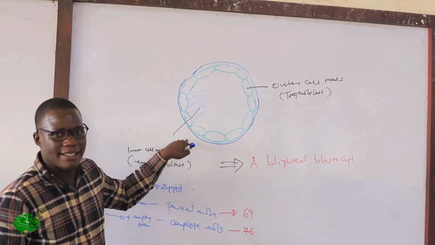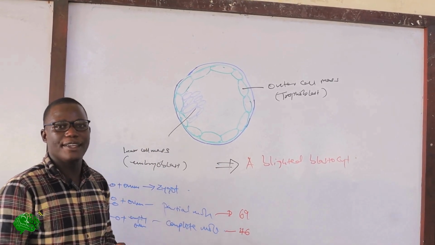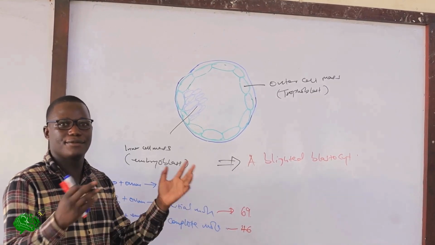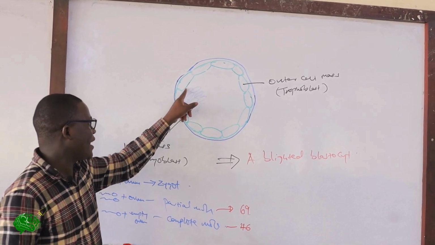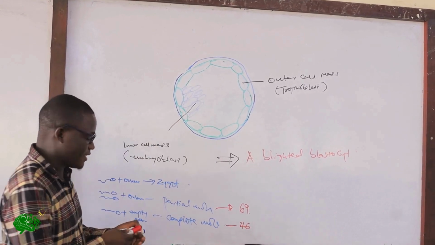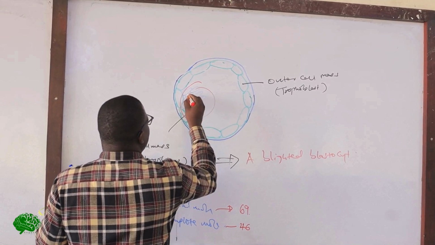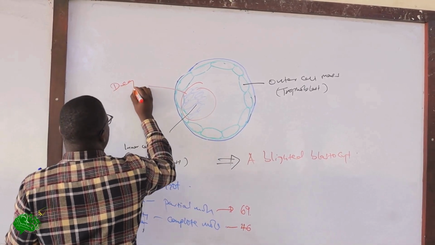Now, this blighted ovum does not proceed to grow into a fully formed fetus. What happens? The embryoblast degenerates.